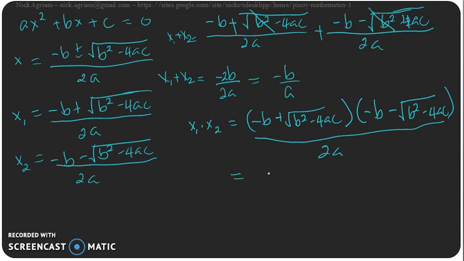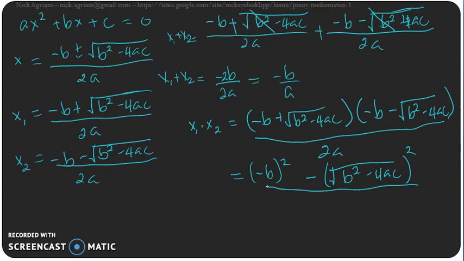Okay, two terms. So we have negative b squared minus the square root of b squared minus 4ac squared, divided by 2a.